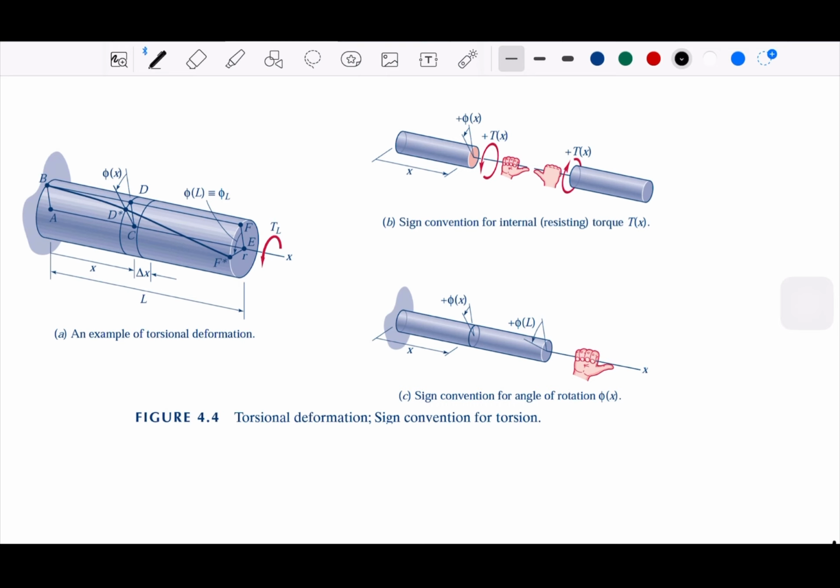And this also connects to your right hand for the internal torque. So if we cut open, if one side has this torque, then the other side must have another torque that resists the torsion in general.